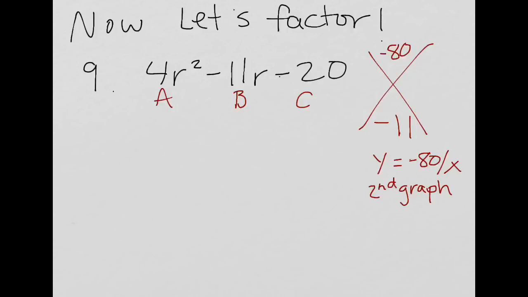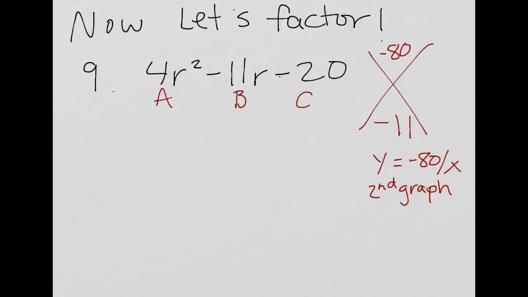You're looking at the whole numbers because you don't want to consider decimals. So if I do that, negative 80 divided by x, and I go to my table, I see 1 and negative 80, 2 and negative 40, and I keep going down. So do that in your calculator.